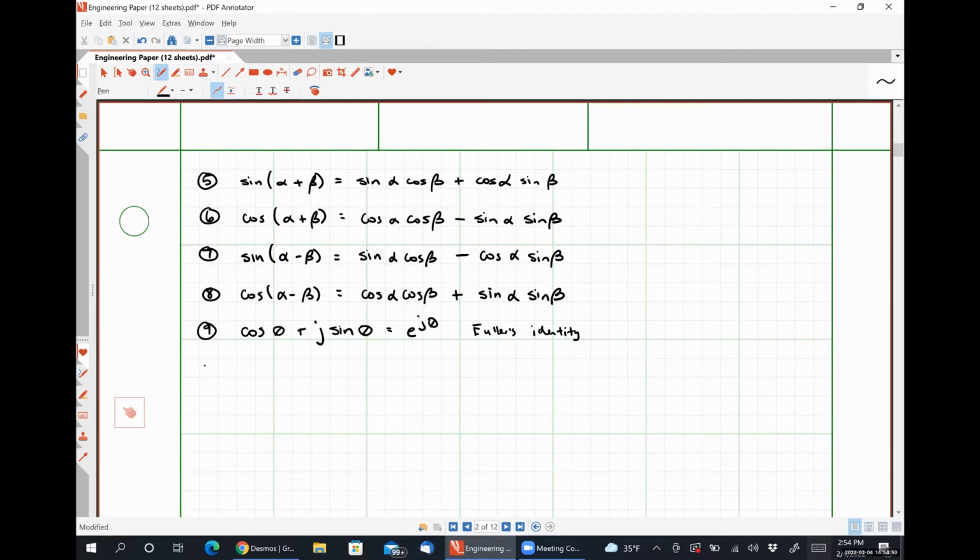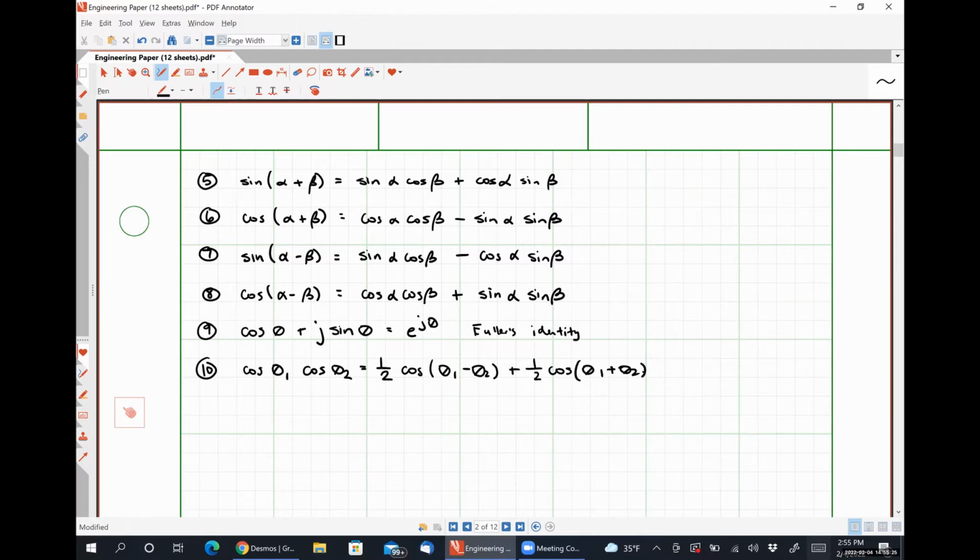And then another trig identity that we're going to wind up using extensively in this class is cosine of angle 1 times cosine of angle 2 is equal to 1/2 cosine of angle 1 minus angle 2 plus 1/2 cosine of angle 1 plus angle 2.